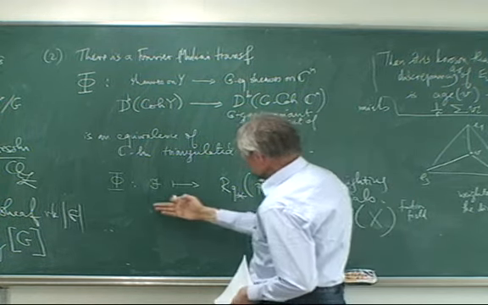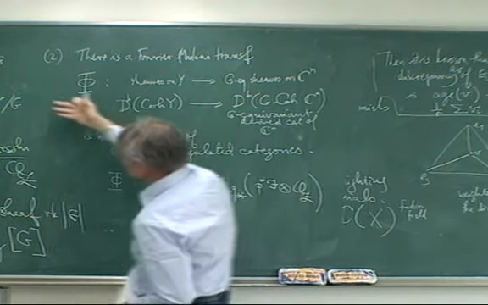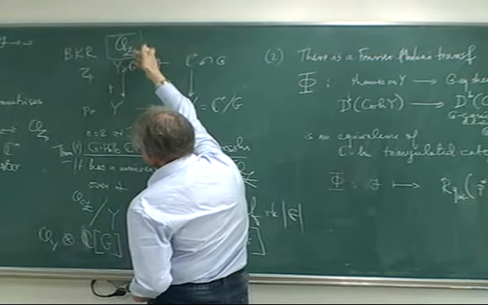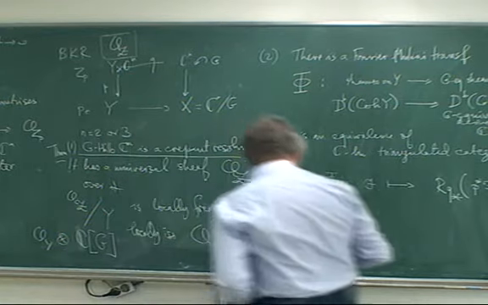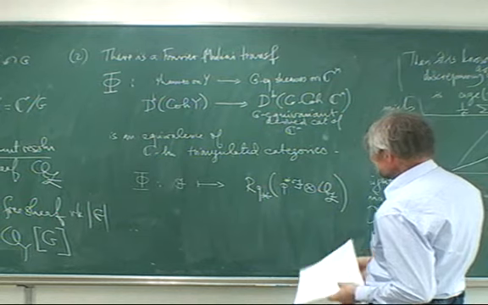So I go from here to here, but I also know how to go back by sort of pulling back, tensoring with a dual object, taking G invariants, pushing down. So each of these steps has an adjoint associated with it.